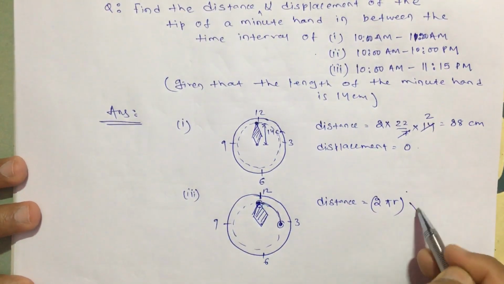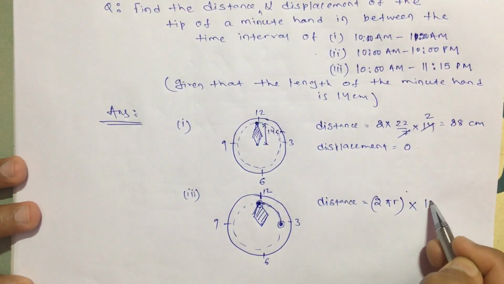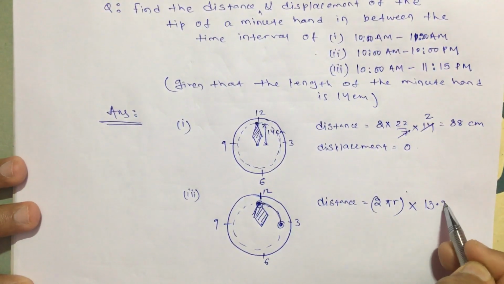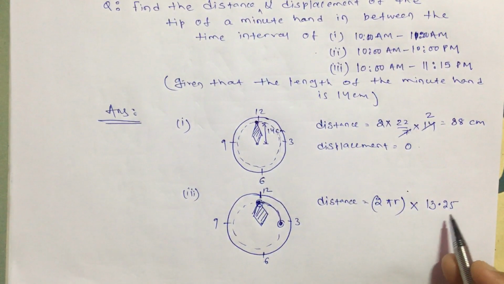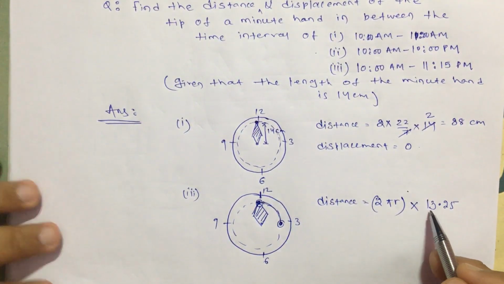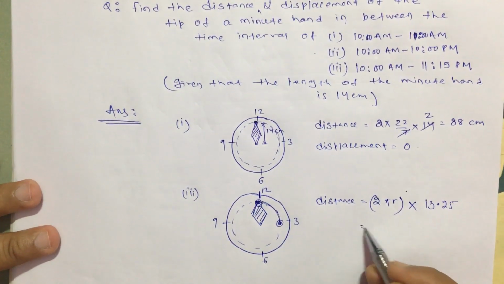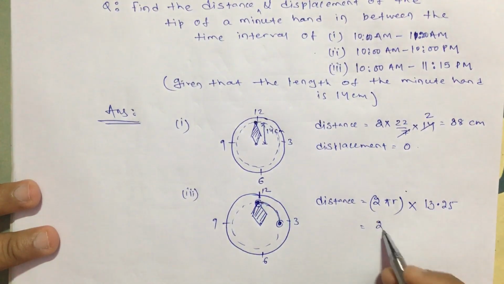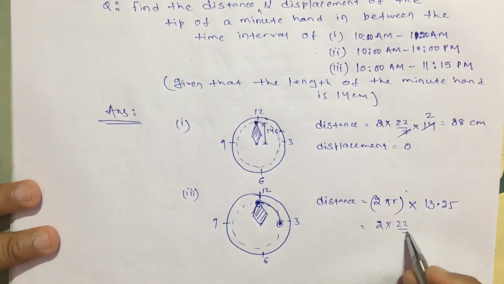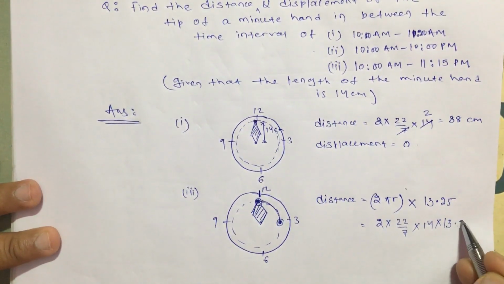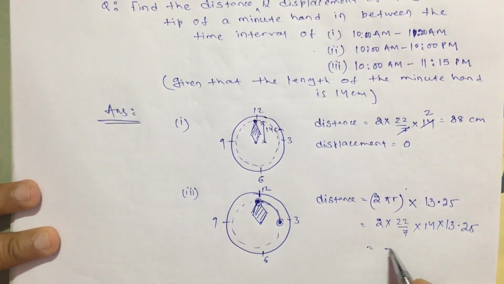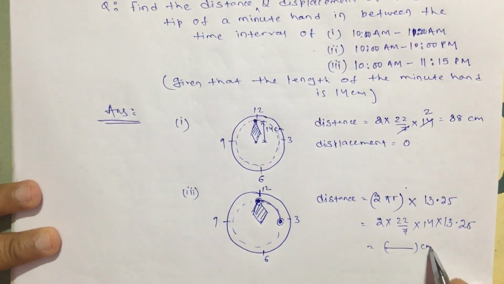So it completed 13.25 circles, or 13 full 1 by 4. Now you can calculate: it will be 2 into 22 by 7 into 14 into 13.25 centimeters. You solve, you will get the answer.